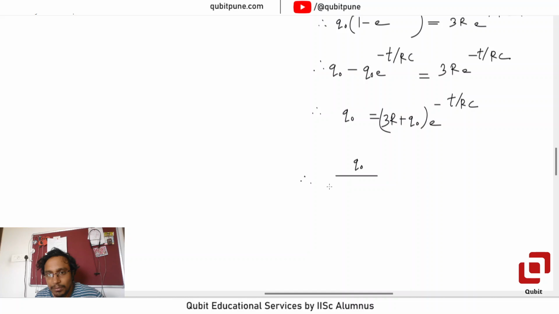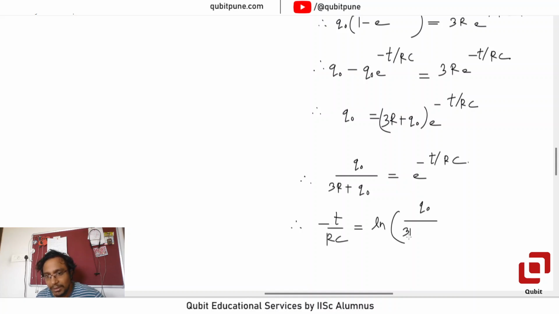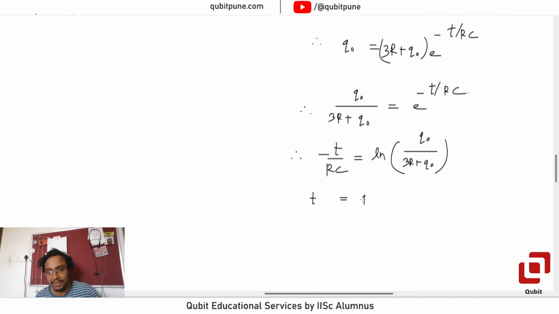Therefore Q naught upon 3R plus Q naught is equal to this. Then minus t by RC is equal to ln Q naught upon 3R plus Q naught. T will be equal to RC ln 3R plus Q naught upon Q naught.